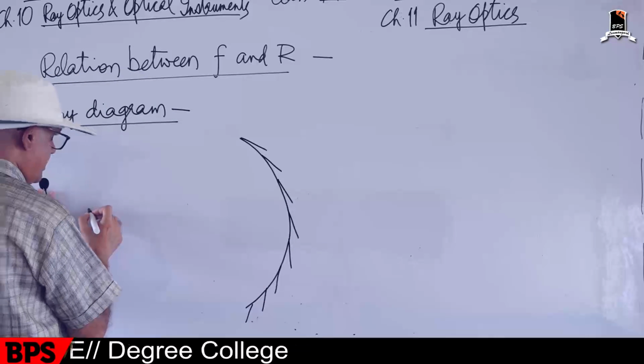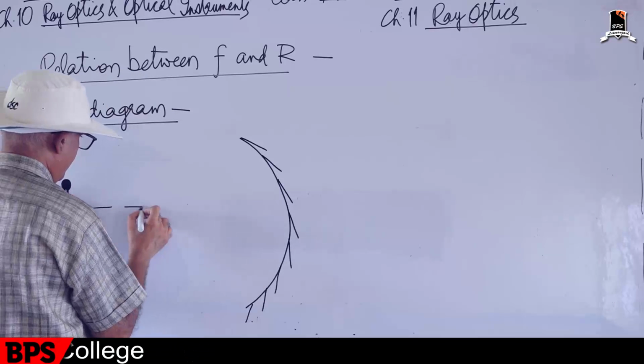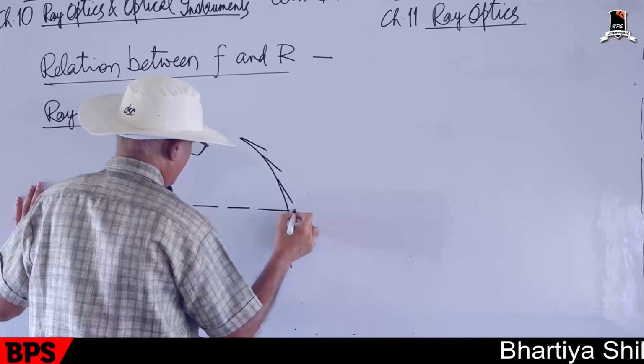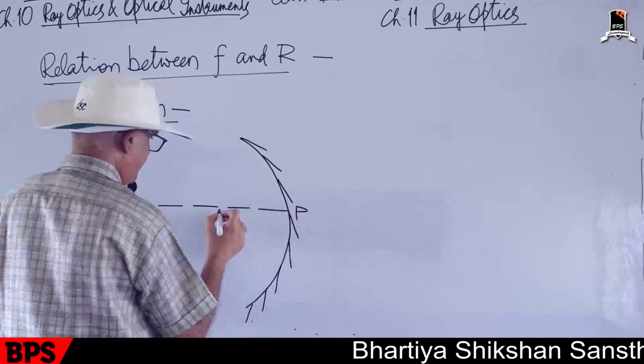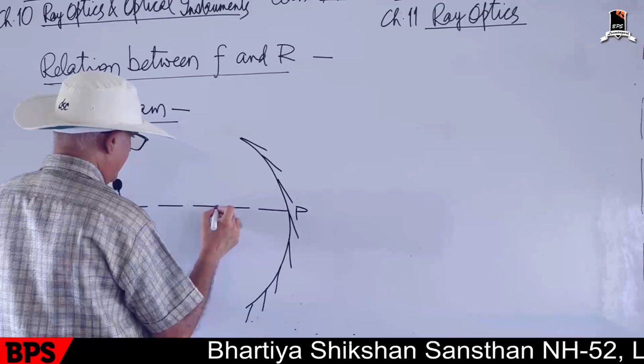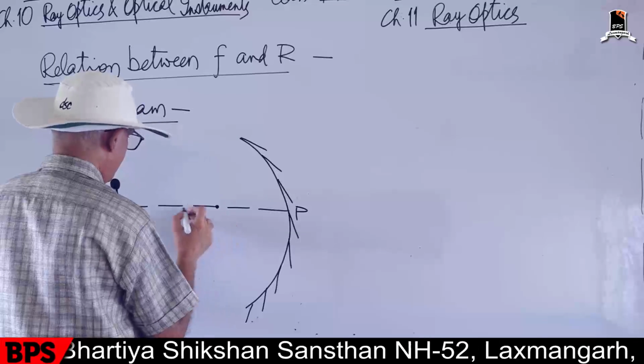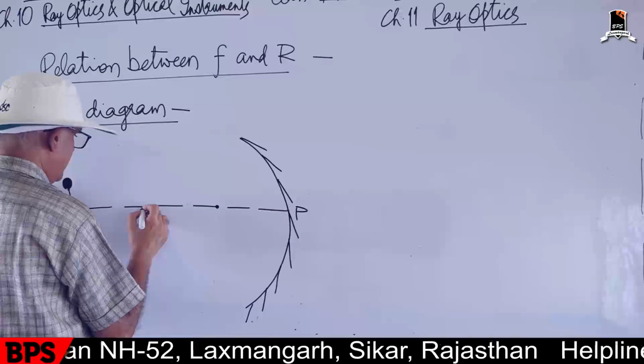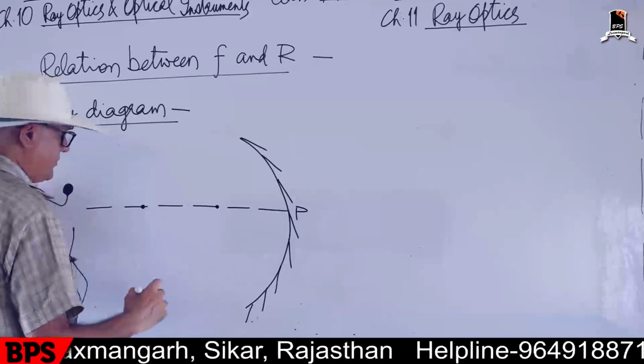This is its principal axis. This is the pole. Say this is the focus, and this is the center of curvature.